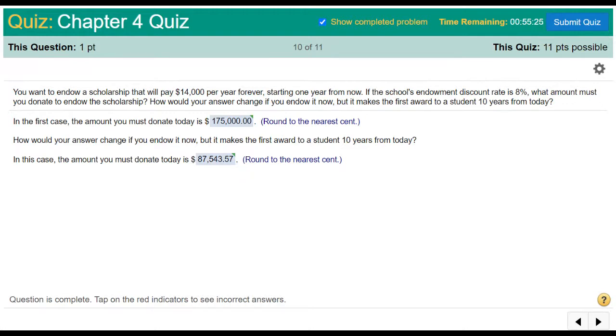So N equals 9. I/Y equals 8%. Payment is 0, right? Future value is 175. And then we compute for present value. And then you're going to get 87,543.57. Okay, thank you. I think it was the year part that slipped me off.